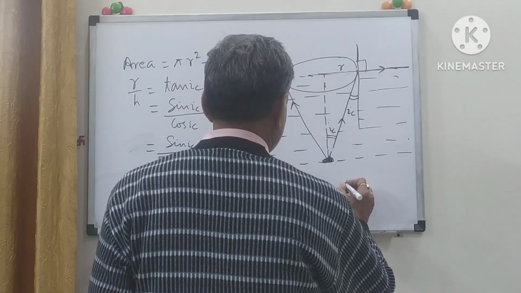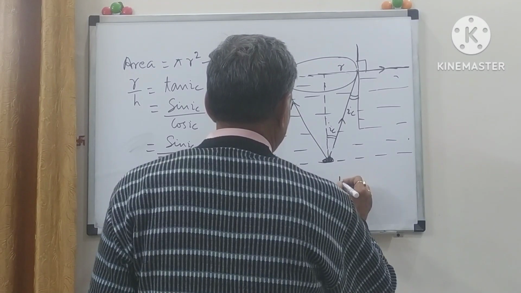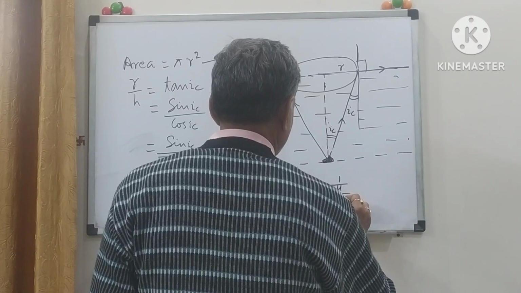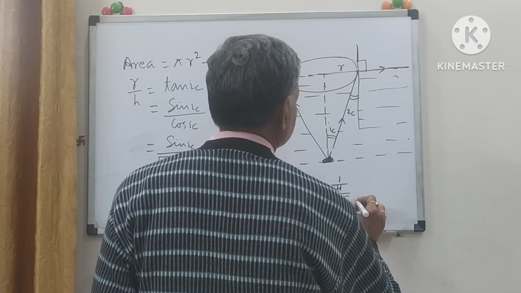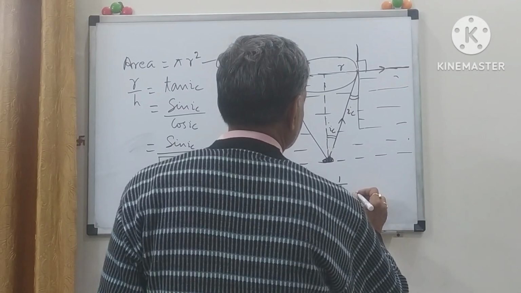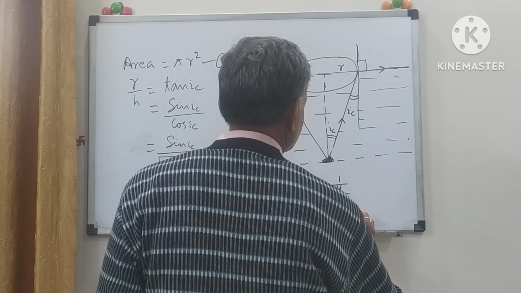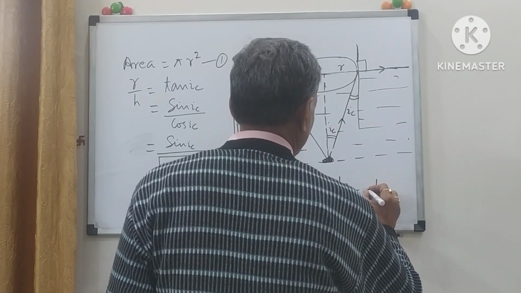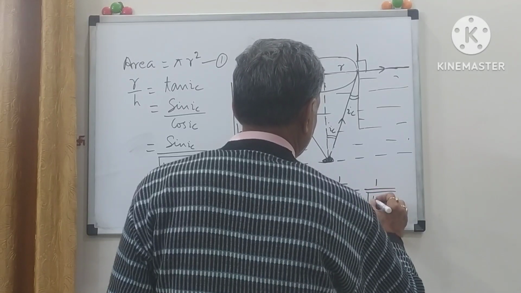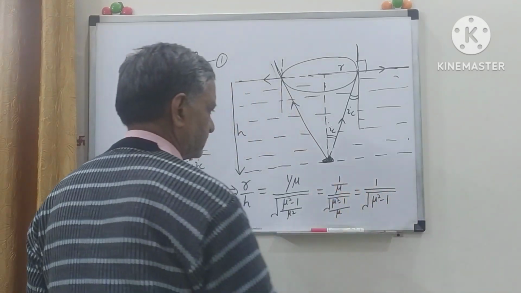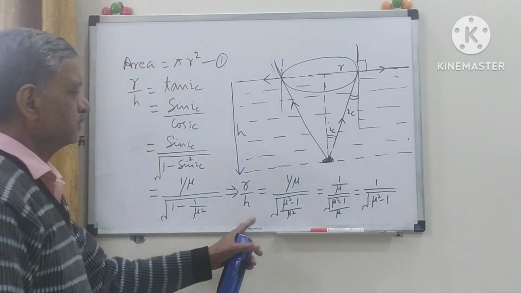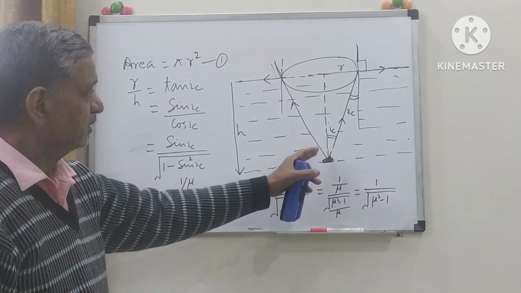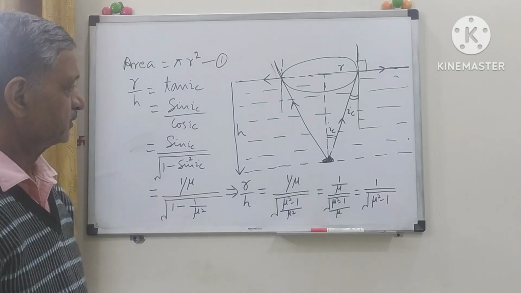So ultimately you will get 1 by mu upon under root mu square minus 1 by mu. So that is 1 by root of mu square minus 1. That mu is cancelled. So we have this result, R by h is equal to 1 upon root of mu square minus 1. Mu, that is the refractive index of this medium, water in this case.